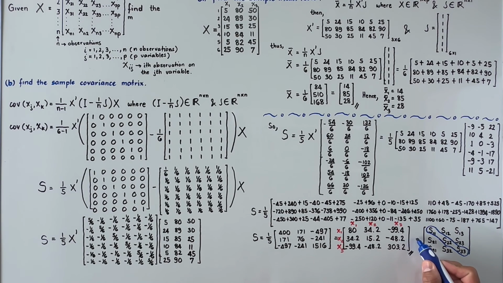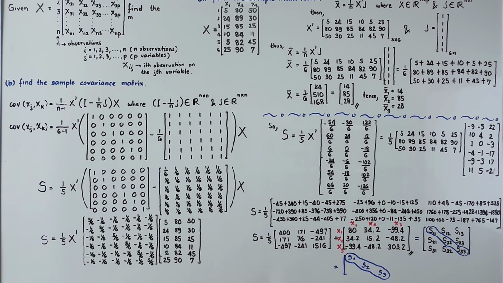So we represent this sample covariance matrix, the main diagonal, as S sub 1 because that is the variance of the first variable, and this one here as S sub 2 because this is the variance of the second variable, and here this is the variance of the third variable. So this is the main diagonal of the sample covariance matrix.